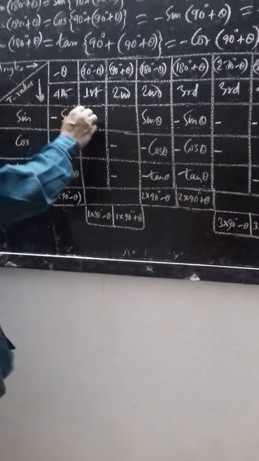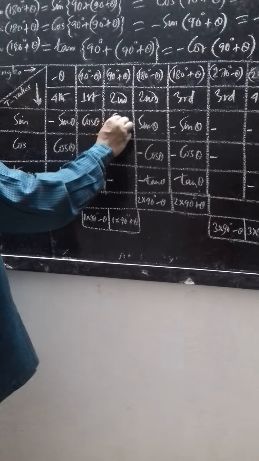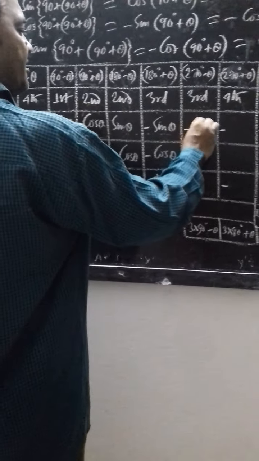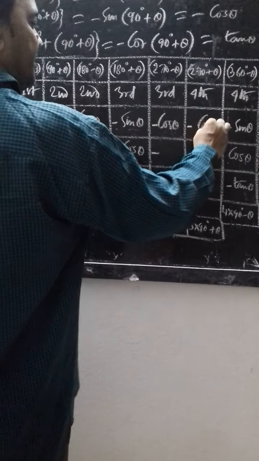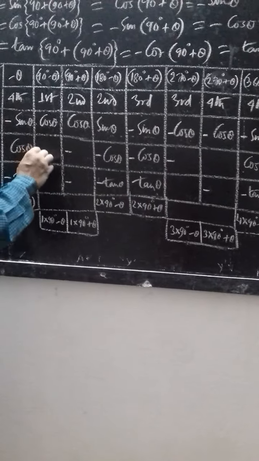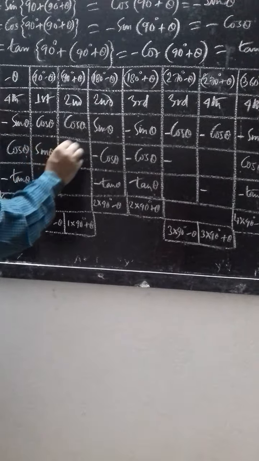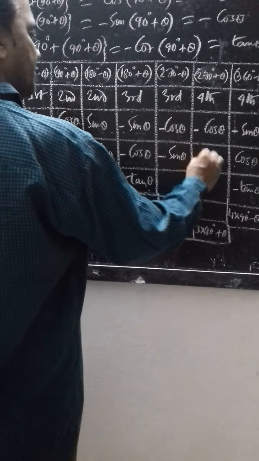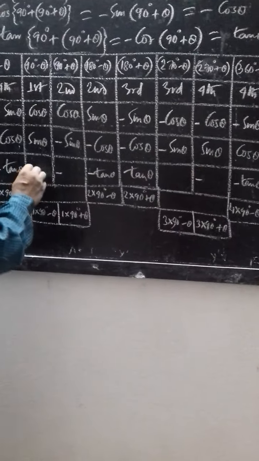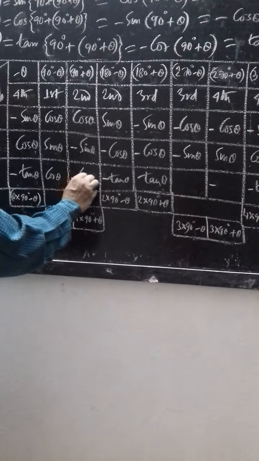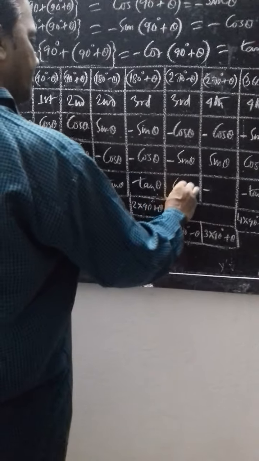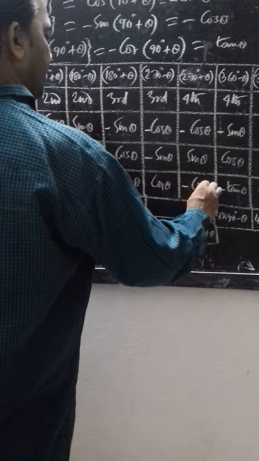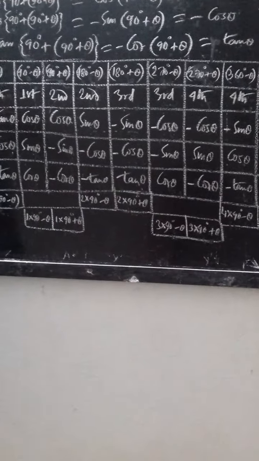So this is cos theta, this is cos theta, this is cos theta, and this is cos theta. Here sin theta, sin theta, sin theta, sin theta, cot theta, cot theta, cot theta, cot theta.